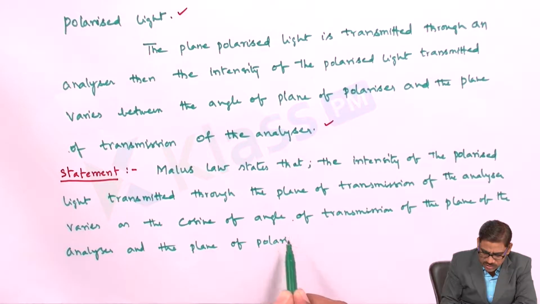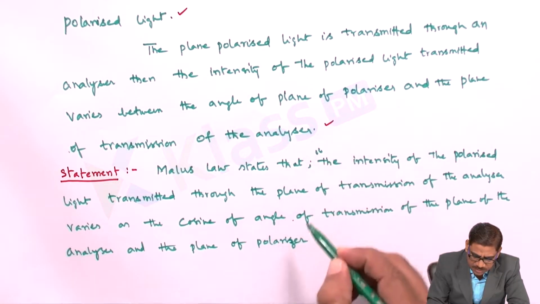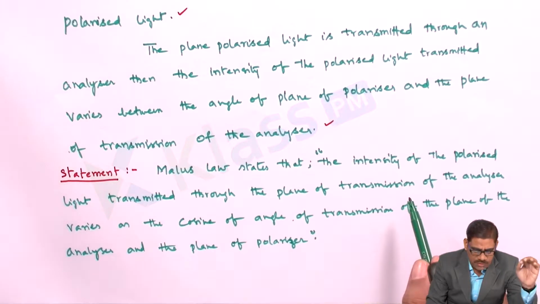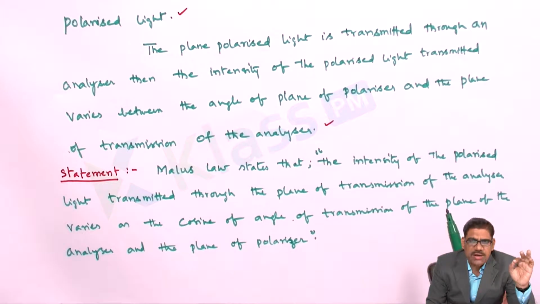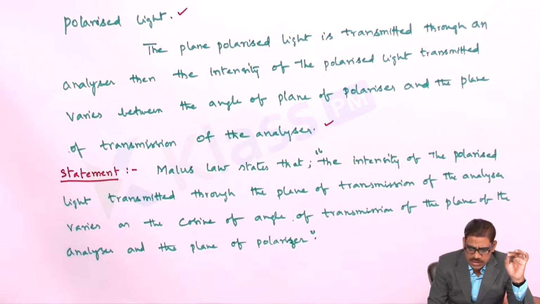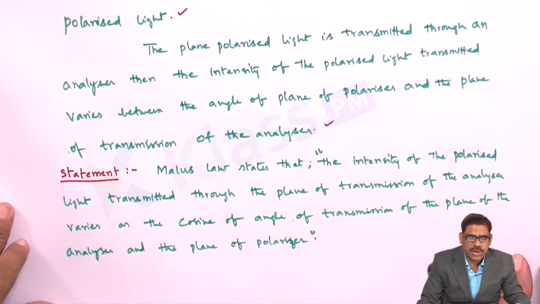So this was what we have already stated. Let me repeat it again: the intensity of the polarized light transmitted through the plane of transmission of the analyzer varies as the cosine of the angle between the plane of the analyzer and the plane of the polarizer. So this is how the statement is all about.